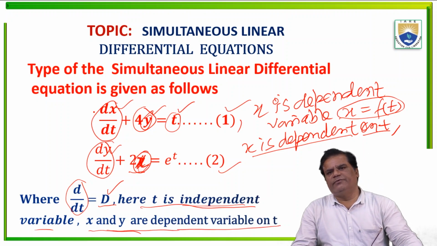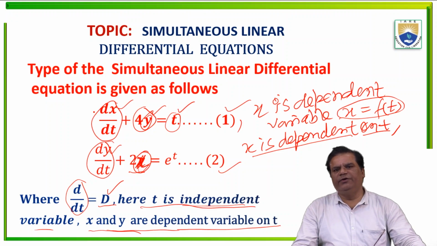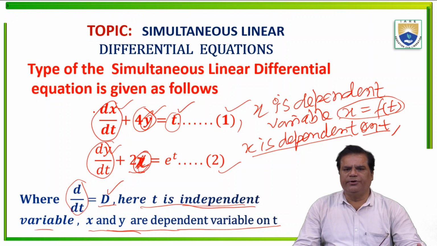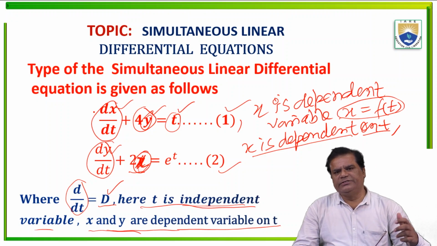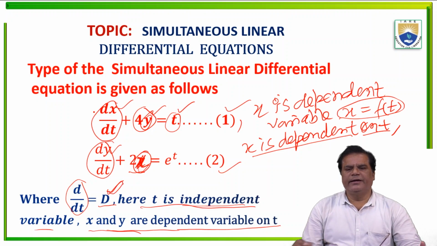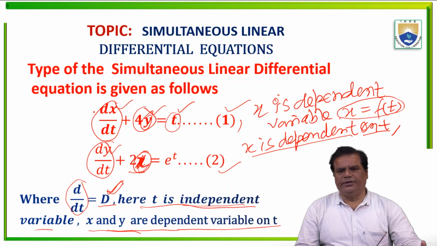So our equations 1 and 2 involve two variables, both dependent on t. After solving equations 1 and 2, we find the values of x and y, each as a function of t. But here differentiation with respect to t, d over dt, is represented by capital D.